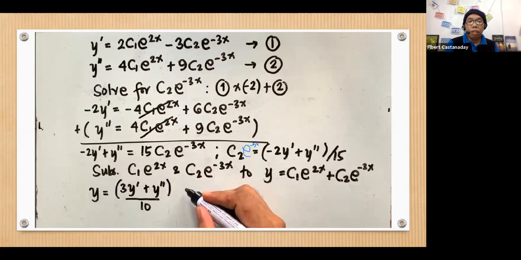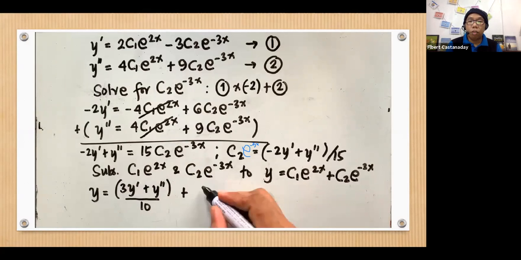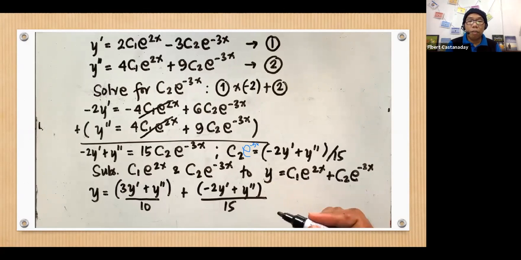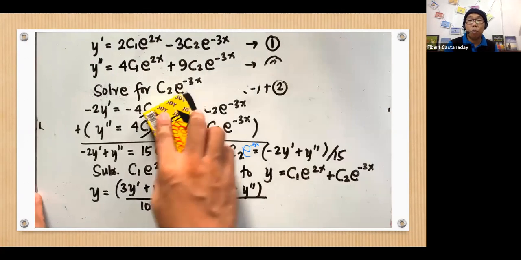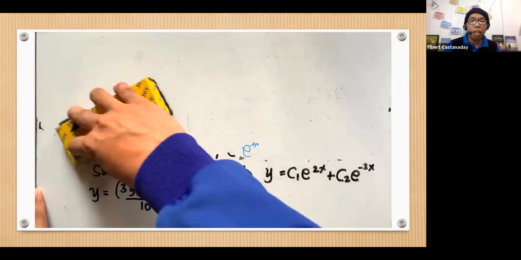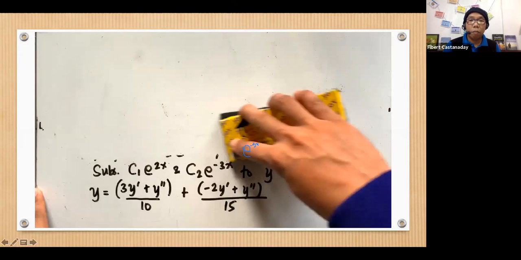And then the value of c sub 2 e raised to minus 3x is, that is minus 2y prime plus y double prime all over 15. So as you can see, wala na ka nang makitang arbitrary constant dyan, di ba? So yan na yung final answer mo. Sana kung na-simplify mo yan, pero you have to simplify. You must simplify your final answer.